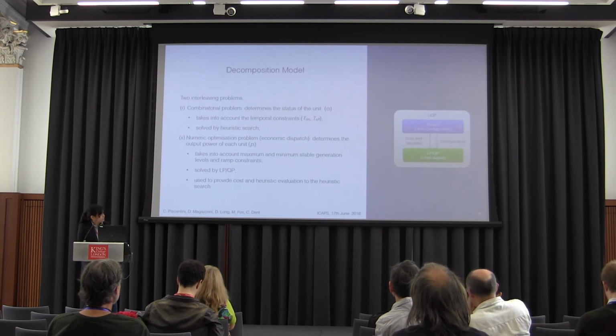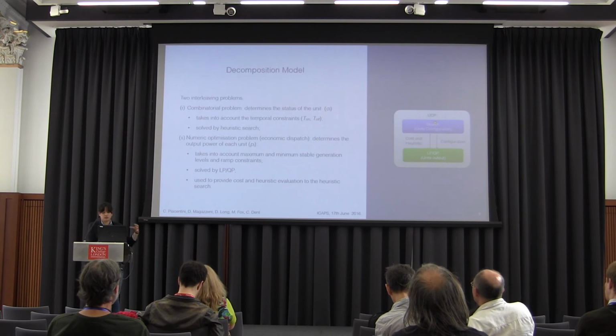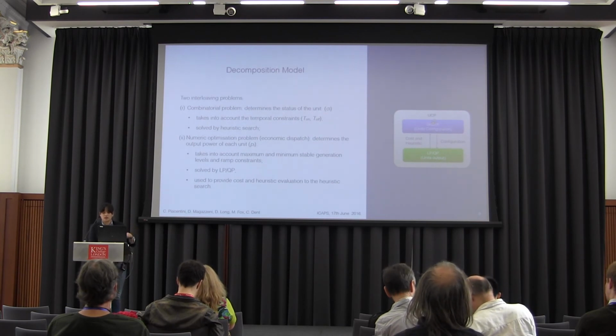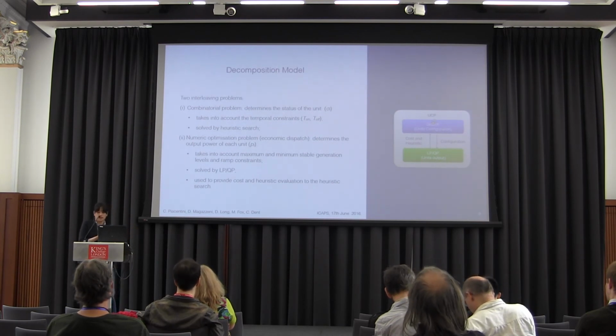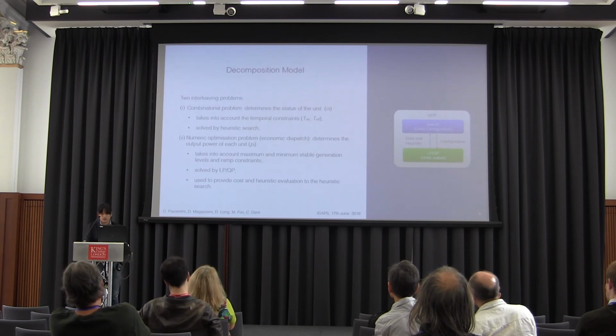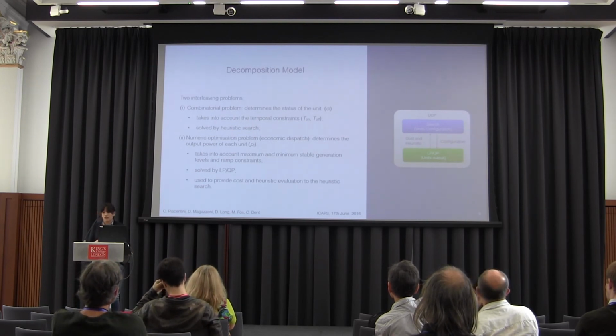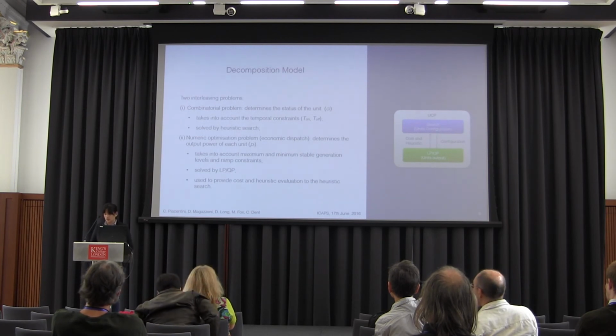So basically, what we do is we use the search engine to find the configuration. Then we can call the LP model to check if all the constraints are satisfied, and then to obtain a cost and a heuristic value for the state that we are evaluating.